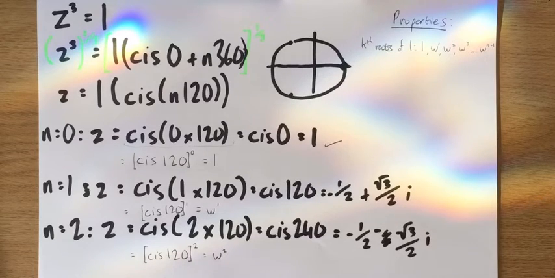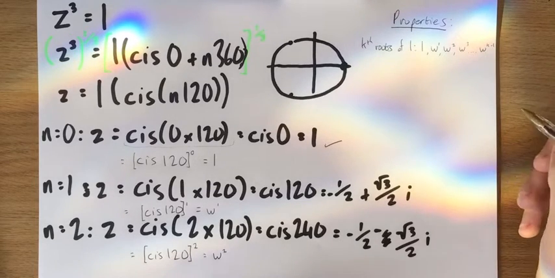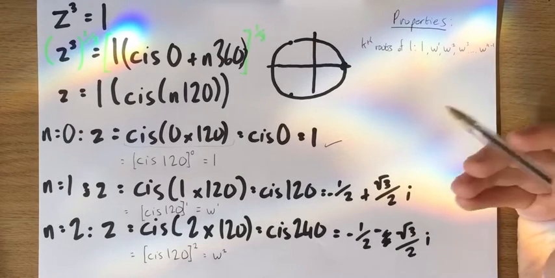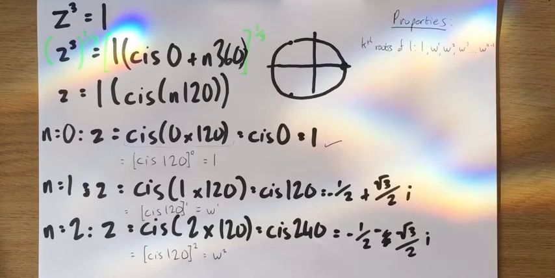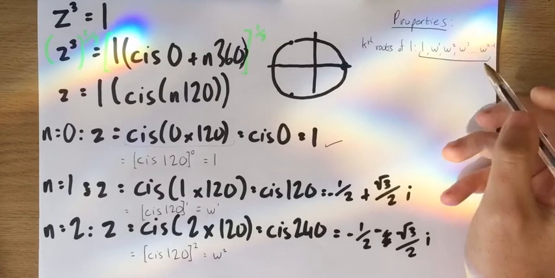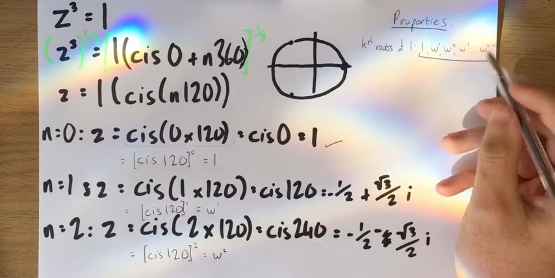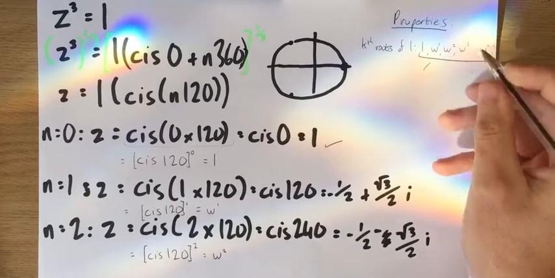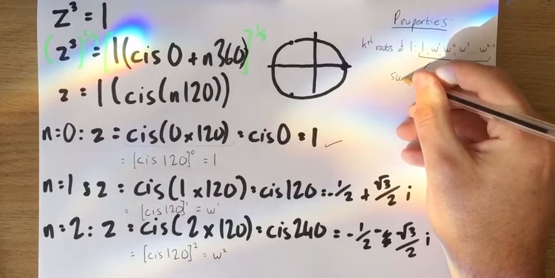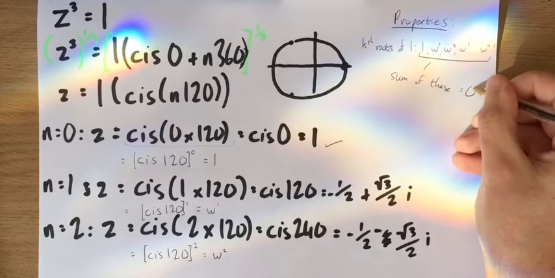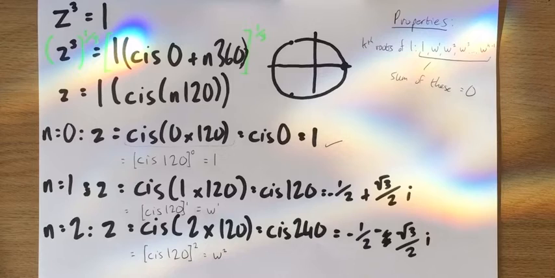Another property, which I think they could ask you. Again, you're not expected to know this, I think you'd be prompted to use it. All the complex roots of 1 added together, the sum of these, always equal 0.